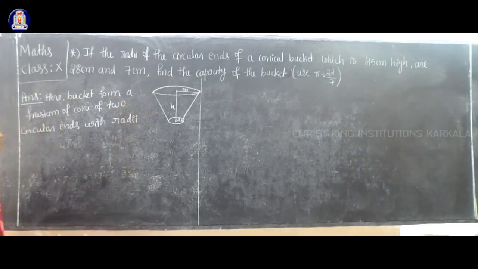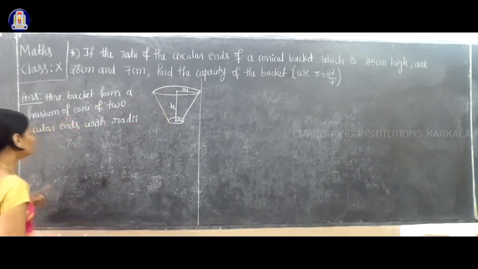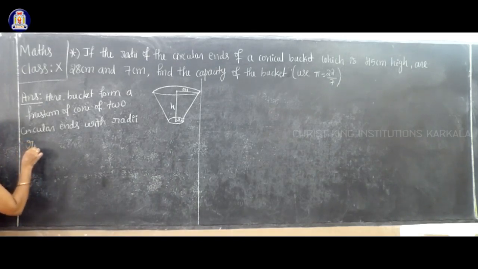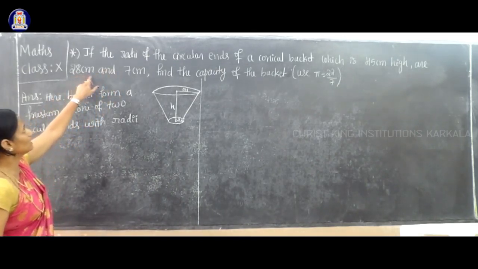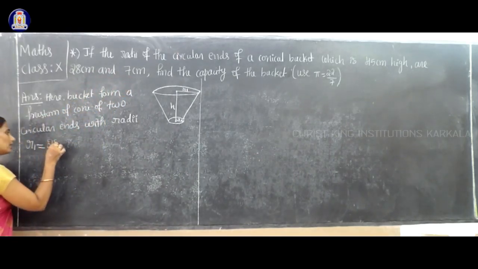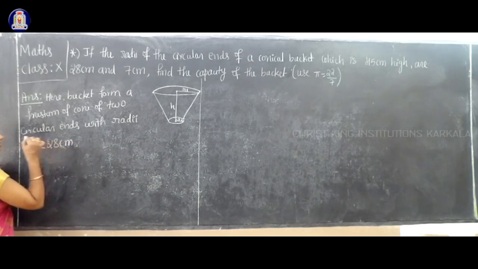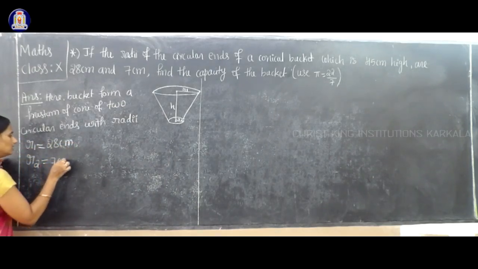This bucket forms a frustum of cone with two circular ends. Clear now? The radii are 28 centimeter and 7 centimeter, so R1 is 28 centimeter and R2 is 7 centimeter.